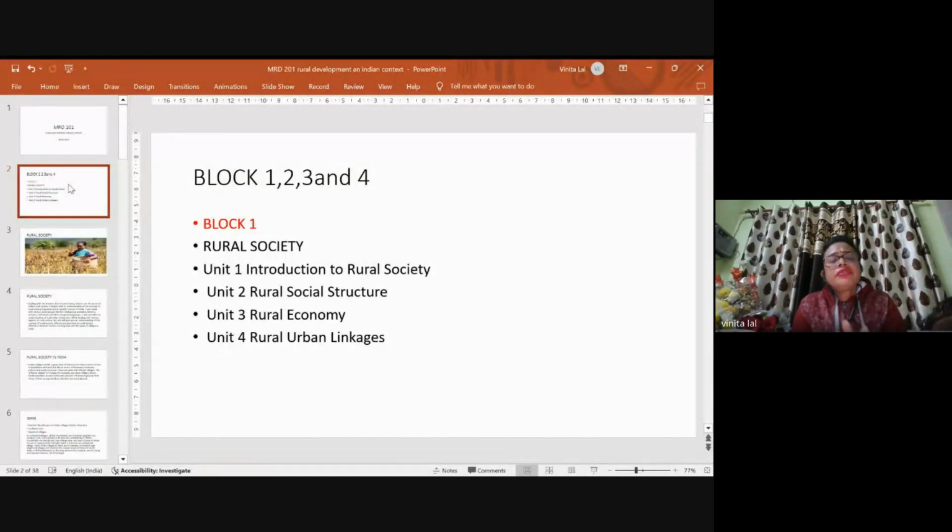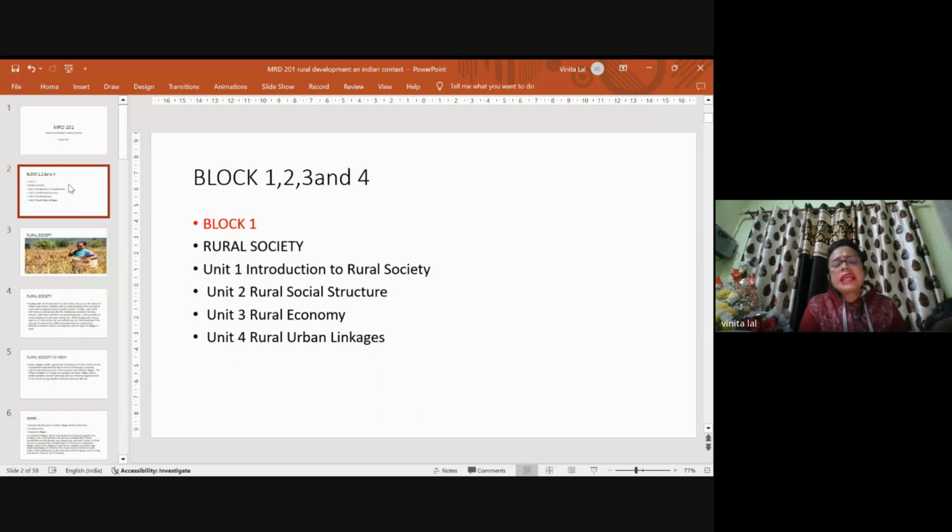Okay. So in this portion, we have 4 blocks, and I'm going to take one block, that is rural society, in which I will cover introduction to rural society, rural social structure, rural economy, and rural urban linkage.